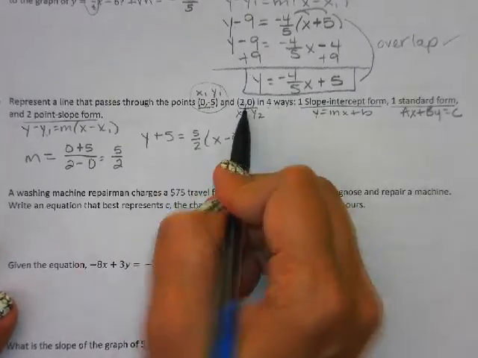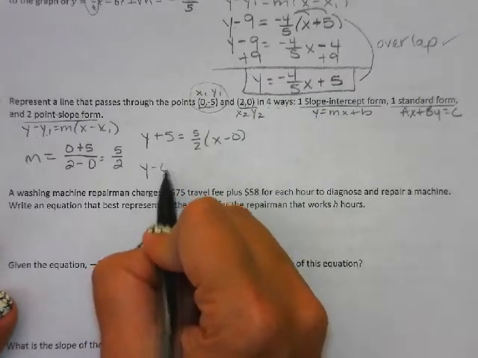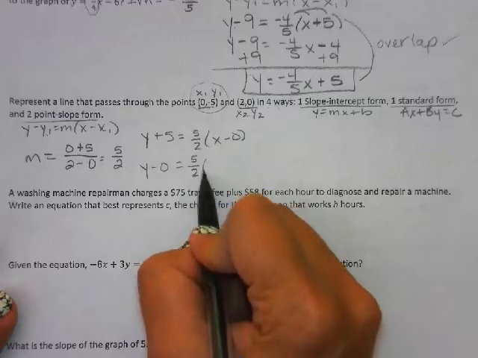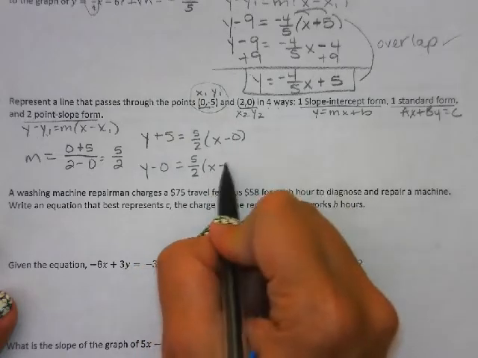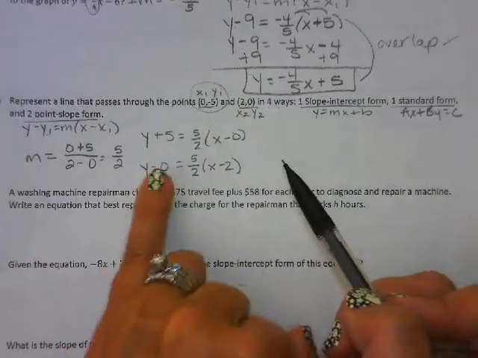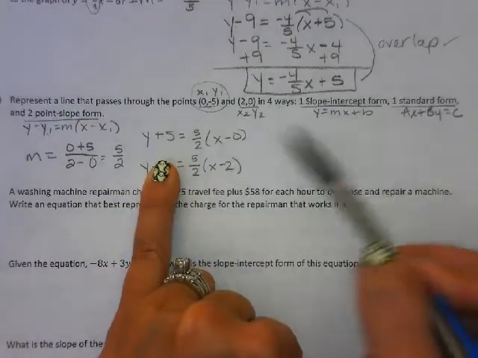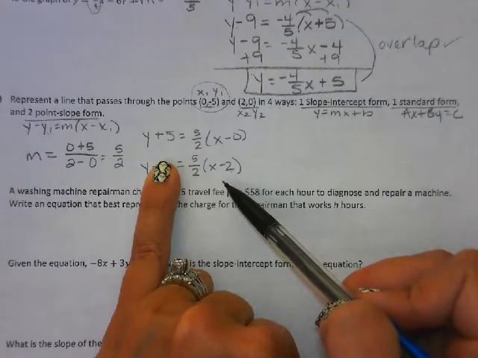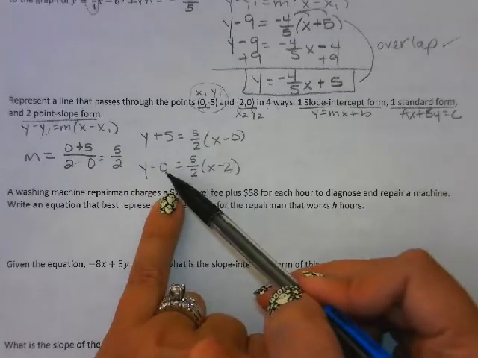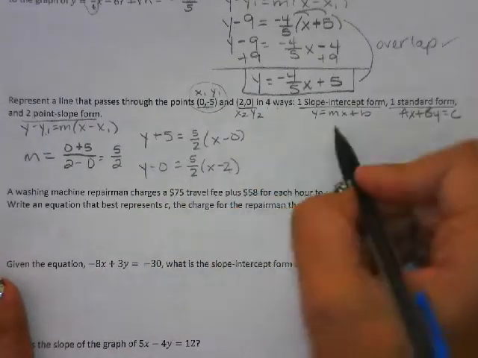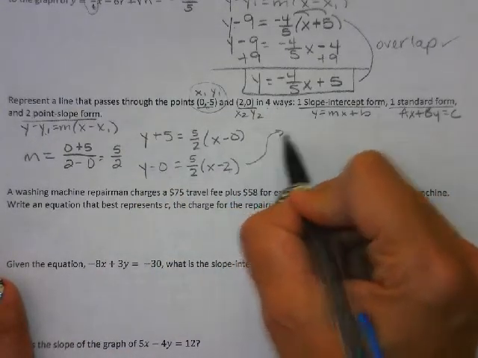If I'm going to use my second point, y minus 0, again, not necessary, but okay. 5/2 x minus 2. And if we look at this, this is a 0. If I cover this up, this is now in slope-intercept form because we put a 0 here. Okay, so we just would have to distribute. So I'm going to change this to slope-intercept.